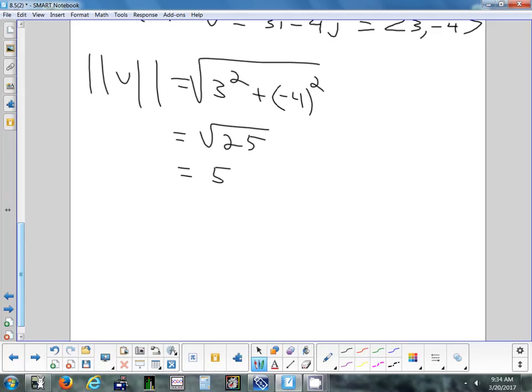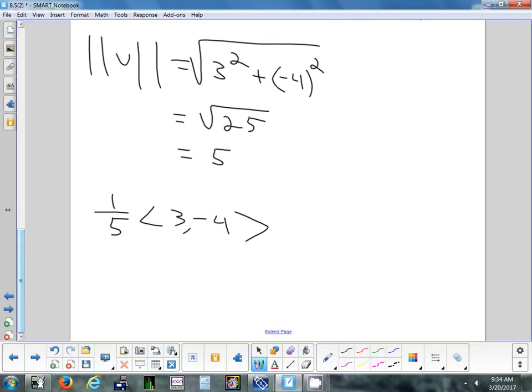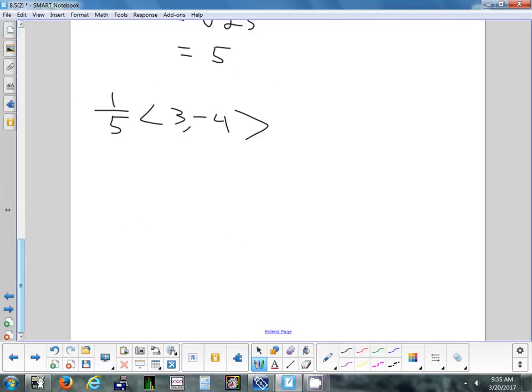So here's my scale factor. Okay, 1/5 times my vector. And what do you basically do with this 1/5? Yeah, it's like distributing it. So what's 1/5 times 3? 3/5.